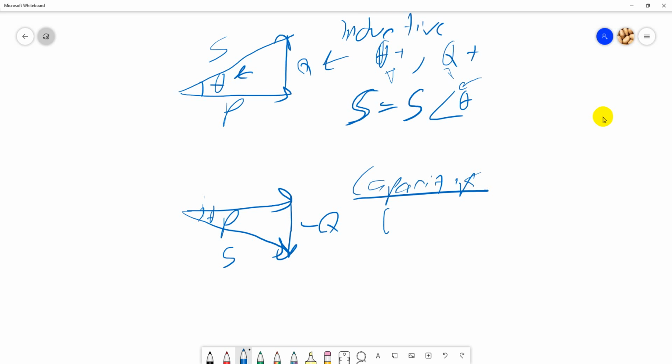The capacitive is theta is negative. Okay, Q is negative. Okay, and S equals S angle negative theta. Okay, make sure you know the power triangle for inductive type and capacitive type.